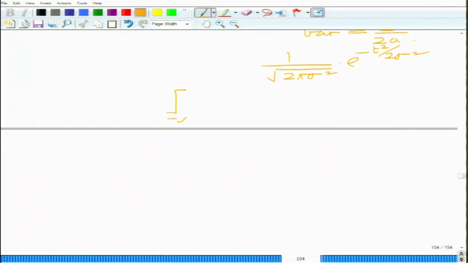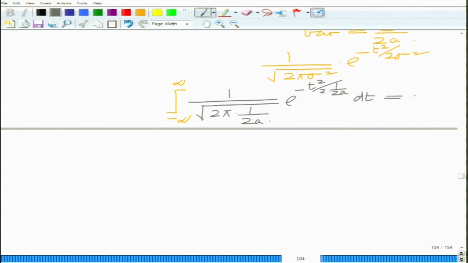which implies that the integral from minus infinity to infinity of 1 over square root of 2 pi times 1 over 2a, e raised to minus t square by 2 into 1 over 2a, or in other words e raised to minus a t square dt, is 1.